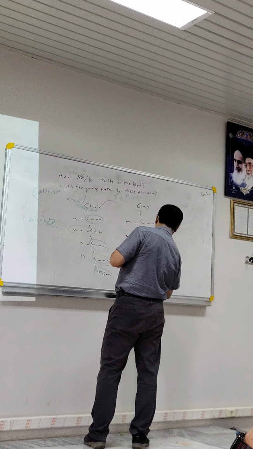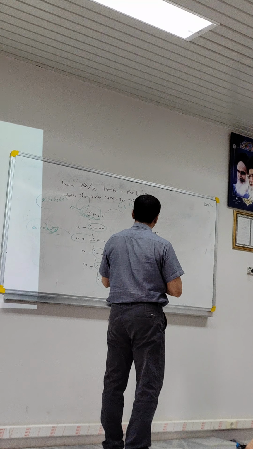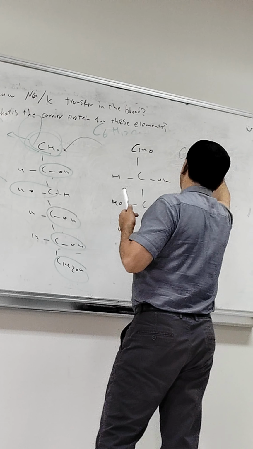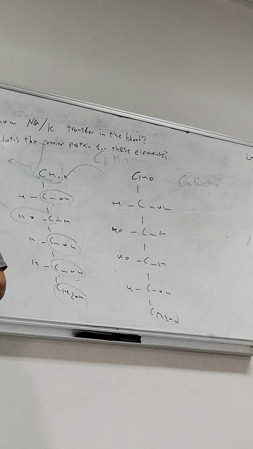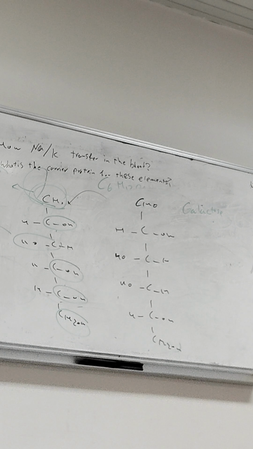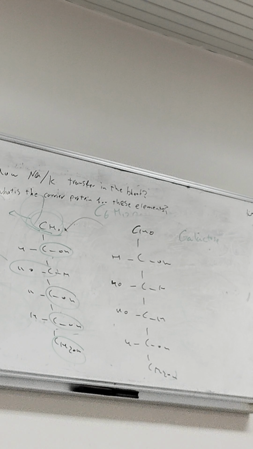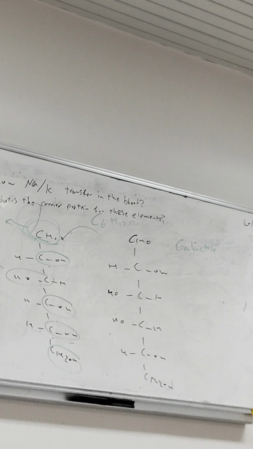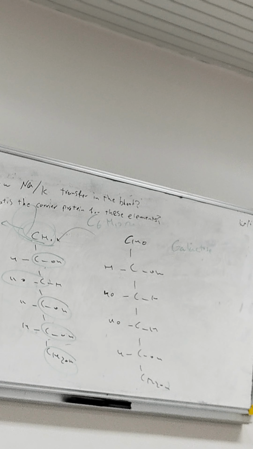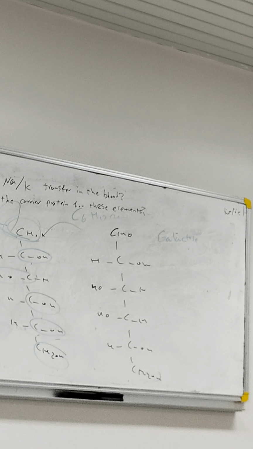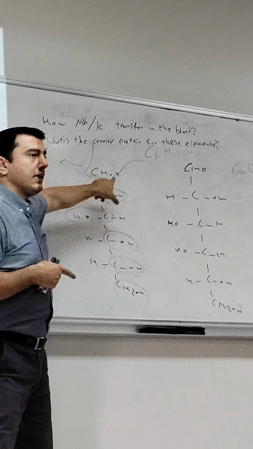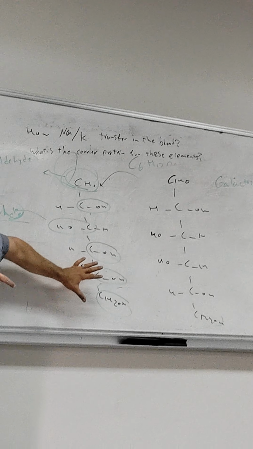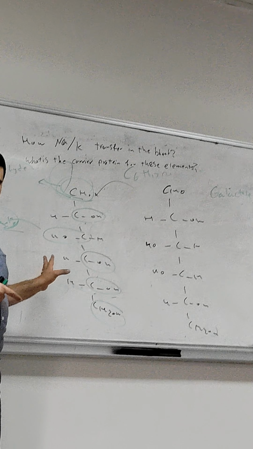belongs to glucose and galactose. Please tell me what is the difference between glucose and galactose. Both of them are C6H12O6. Both of them have aldehyde groups. Yes, true. Both of them have OH groups.